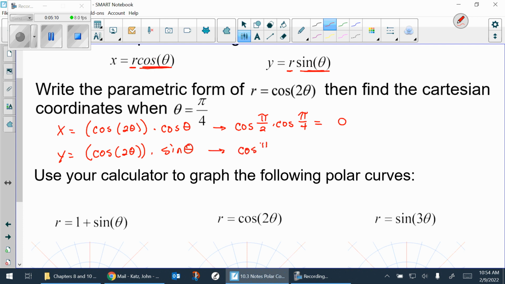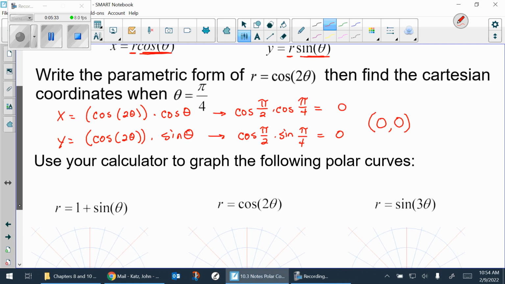I will be having the cosine of pi over 2 times the sine of pi over 4. But since the cosine of pi over 2 is 0, I'm going to get 0. So the rectangular coordinates are 0, 0, or the origin.